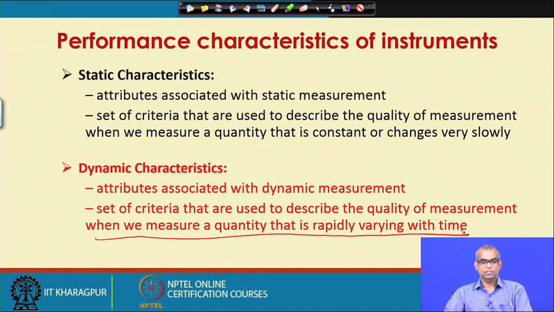The dynamic characteristics are the set of characteristics which we must use to describe the quality of measurement when the quantity being measured is not stationary; the quantity being measured varies rapidly with time. So, this is under dynamic environment.